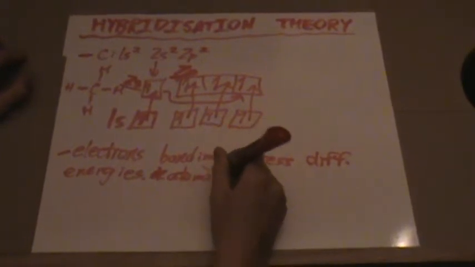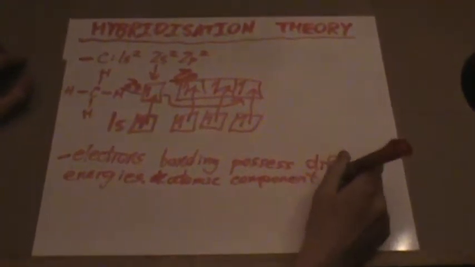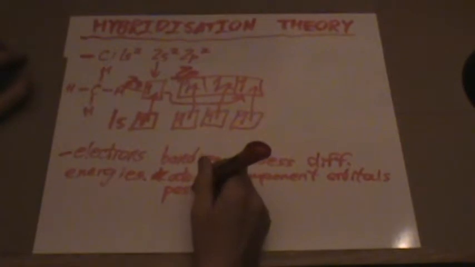So atomic component orbitals possess the same energy. This is another portion of this hybridization theory.